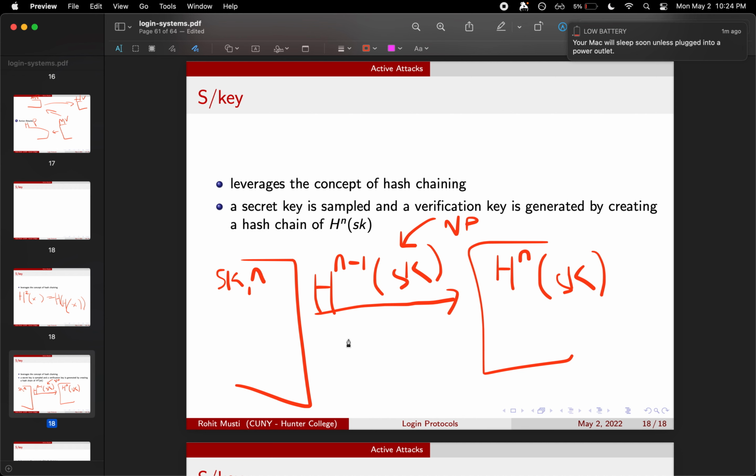So then the next time you send a password, it becomes H to the n minus 2 of the secret key, which verifies against the new verification key, which is H to the n minus 1.